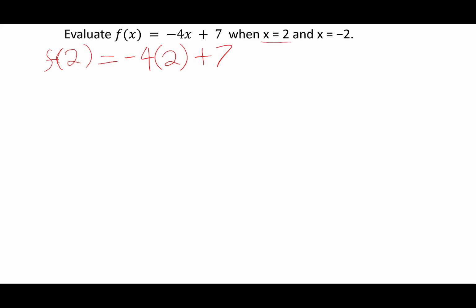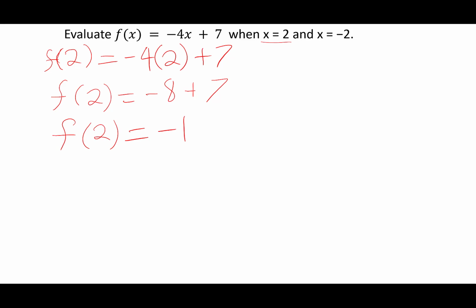Because remember we said in the previous slide, f of x is the same thing as the letter y, I'm just going to ignore the left side of my equation here, and I'm going to work only on the right. So I'm going to do negative 4 times 2, which is negative 8, plus 7. Negative 8 plus 7 is going to be a negative 1.